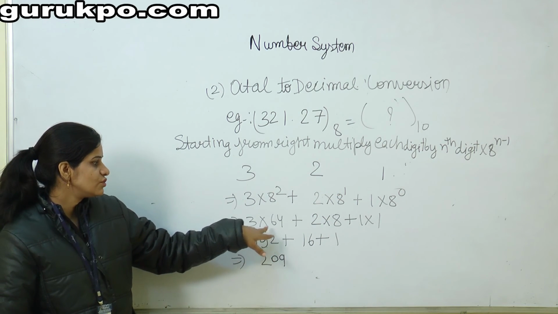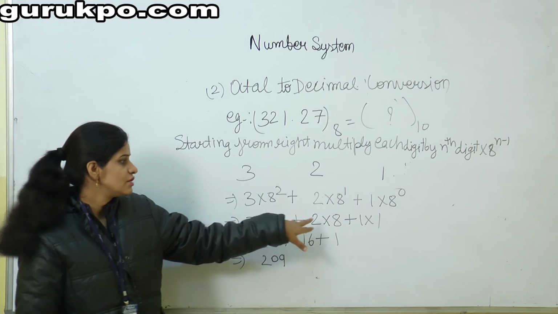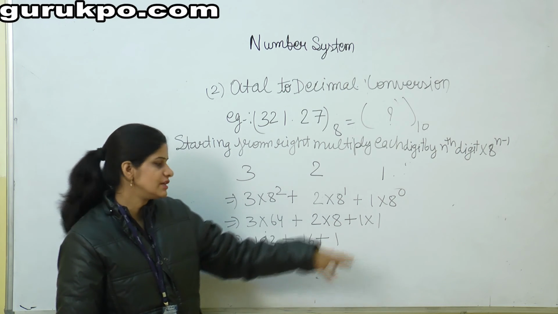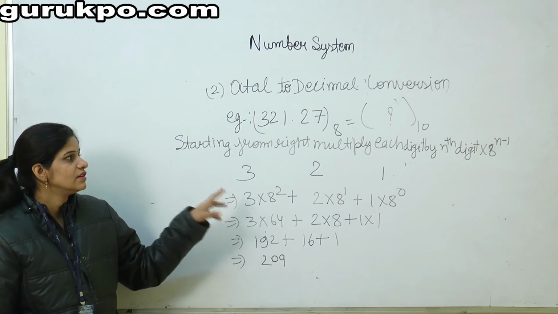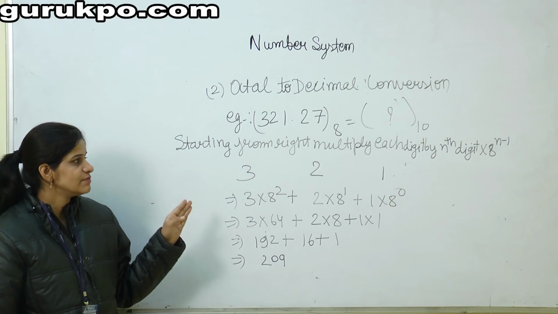So 3 into 64, plus 2 into 8, plus 1 into 1. Solving this equation, the answer is 209 in decimal form.